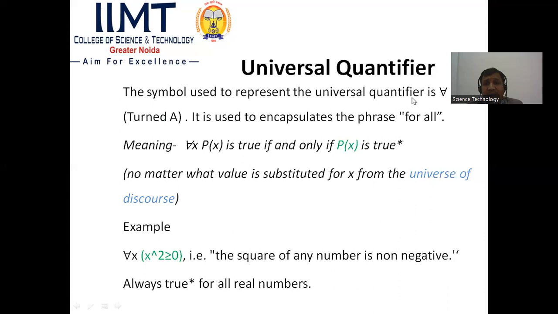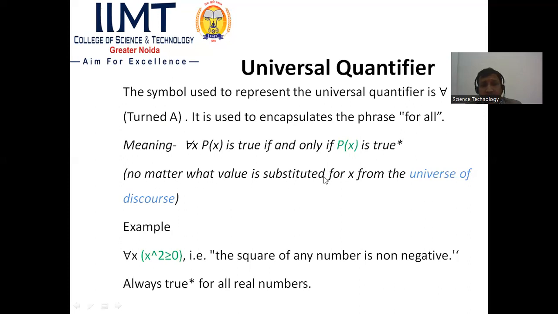The universal quantifier is represented by the symbol turned A or upside down A, and it is used to encapsulate the phrase for all, meaning for all x, Px is true if and only if Px is true for all elements of the set of discourse.